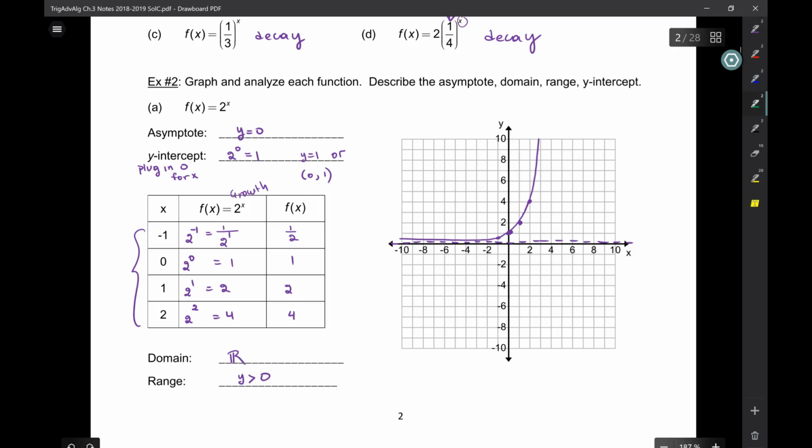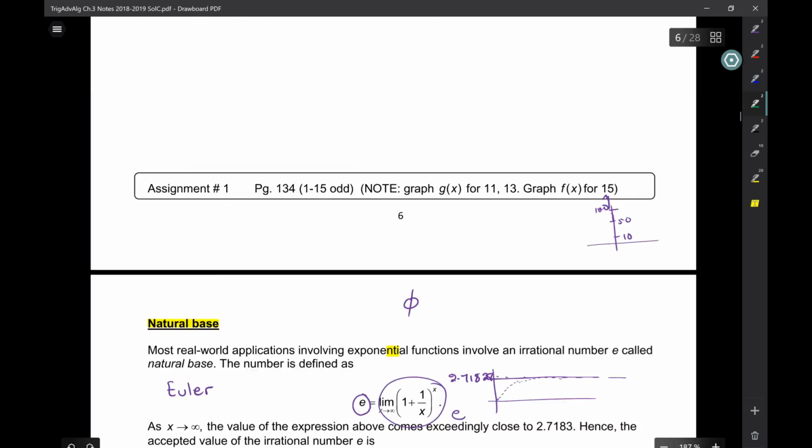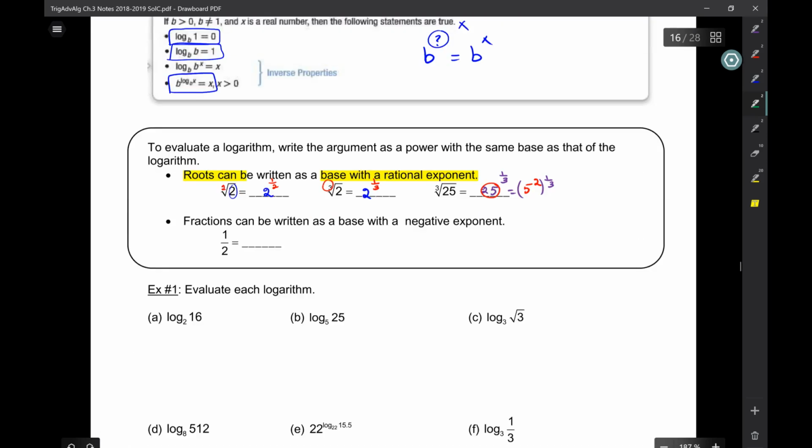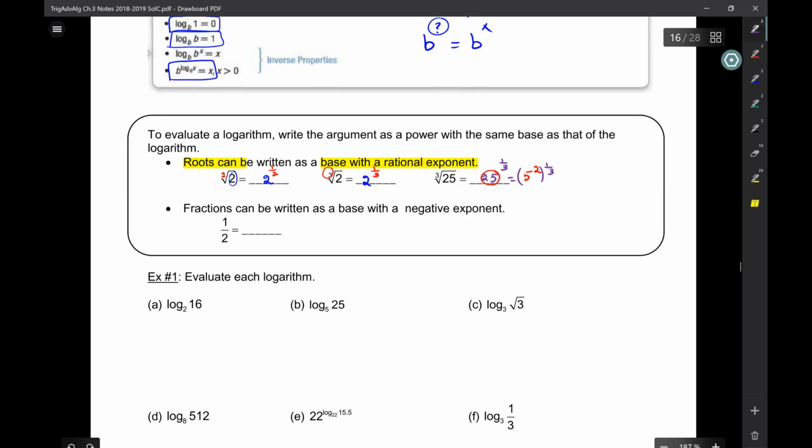Now, if I were to give you 1/2, would we be able to go back and say that's the same as 2 to the negative 1? Yeah. So that's what we're going to do now, because sometimes we need to be able to write it that way. Since this is 2 to the 1 underneath, if I wanted to move it up to the numerator, I could say that's 2 to the negative 1.